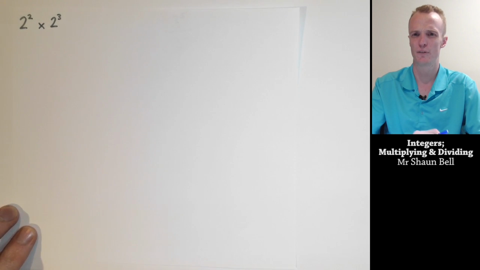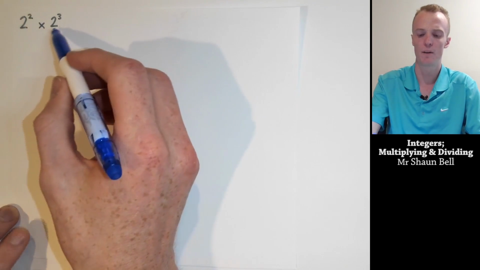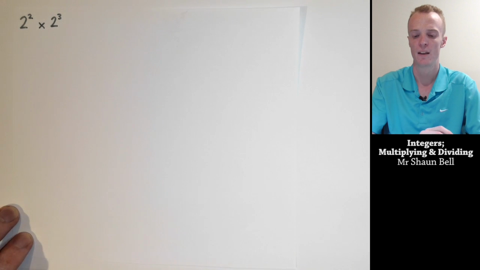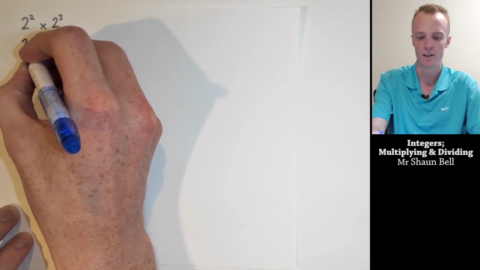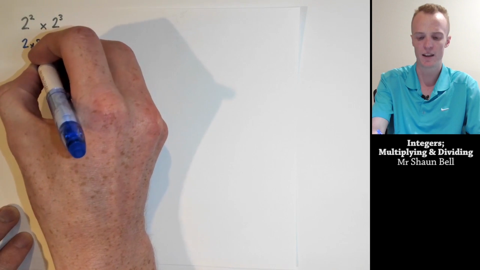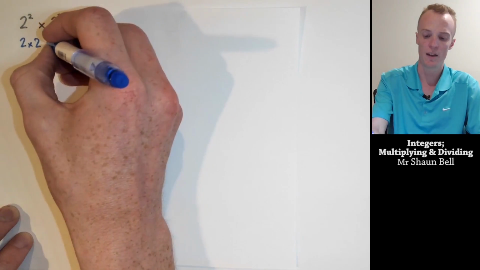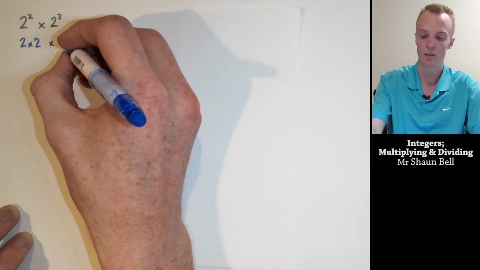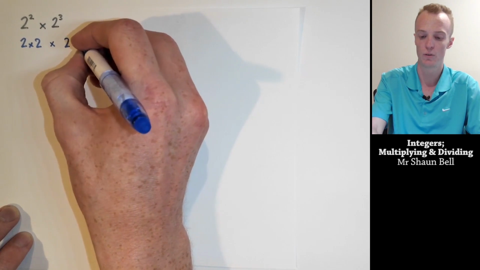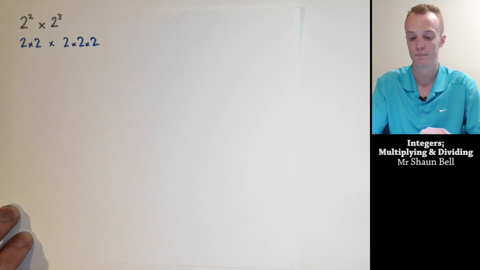So let's consider for a moment what it actually means to have 2 to the second power multiplied by 2 to the third power. If we actually wrote this down in extended form, 2 to the second power is the same as 2 times itself twice. Then we need to multiply that by 2 to the third power. 2 to the third power is going to be 2 multiplied by itself 3 times.